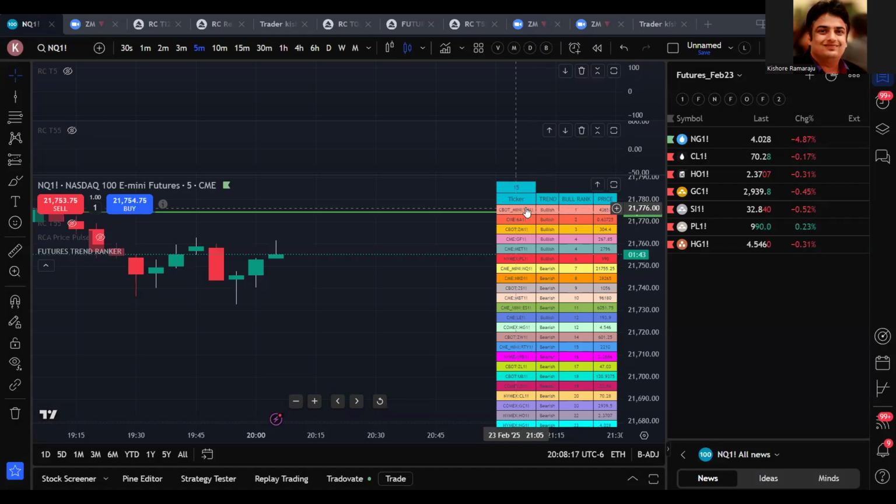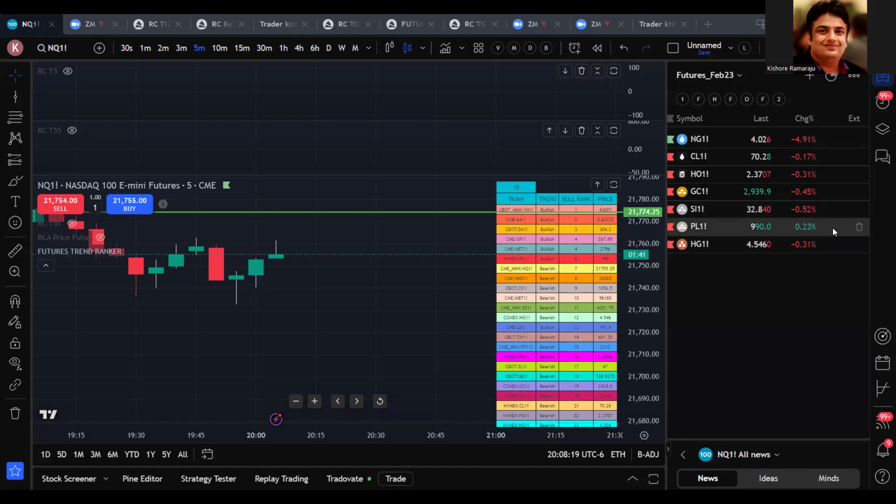Actually, platinum is somewhere at the top, so I will remove platinum. But if you see, most of these are red. Out of this, especially natural gas is very bearish: crude oil, heating oil, natural gas, silver, GC. I hope this step is clear for everyone.